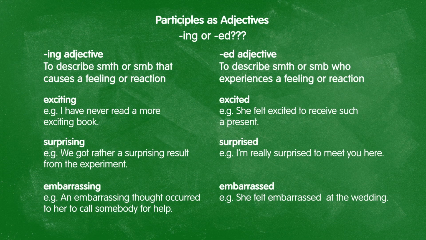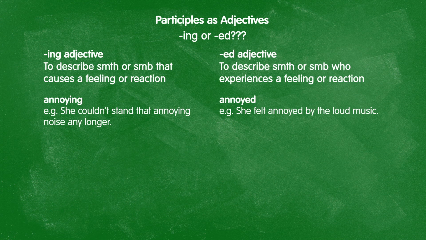Even though embarrassing is at the beginning of the sentence, it's still describing the thought. It's not describing her state, it's describing the thought. Whereas in the sentence, she felt embarrassed at the wedding, it is describing her feelings, what she herself experiences. And finally, annoying versus annoyed. Like in the examples, she couldn't stand that annoying noise any longer, and she felt annoyed by the loud music.